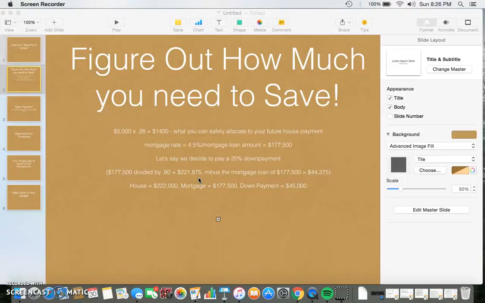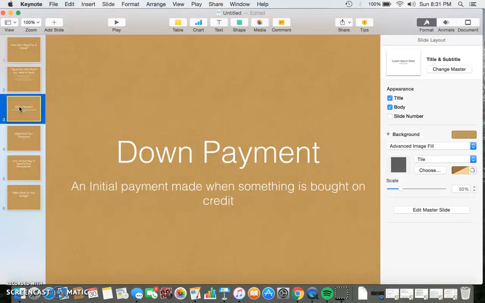So you'll take that money and then you'll minus the mortgage loan again of that. And this number right here is your down payment. So rounding the numbers, you'll be purchasing a house for basically $222,000 with a $177,500 mortgage and a down payment of about $45,000.